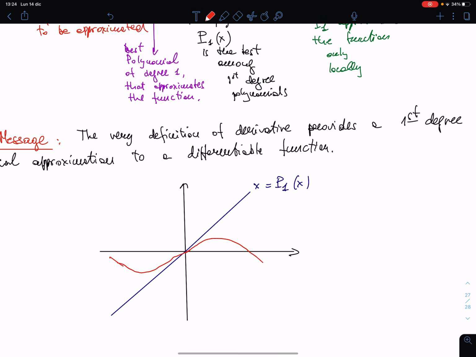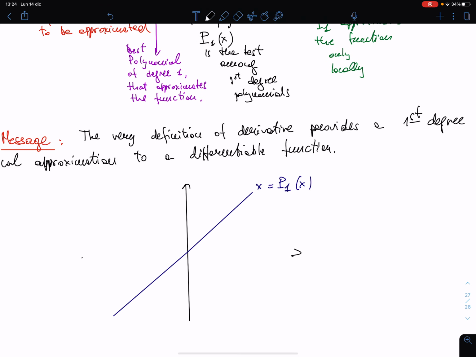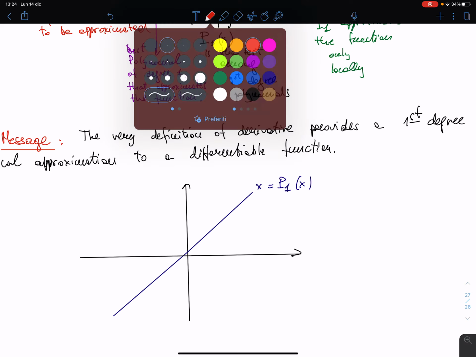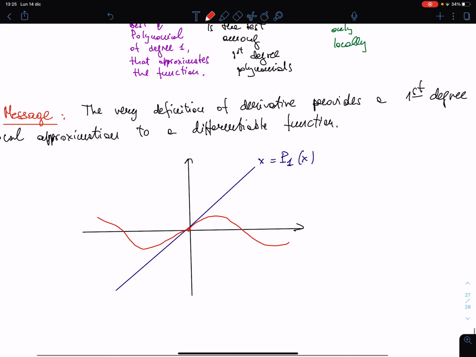Okay? I don't like so much this graph of the sine, so let me be a bit more precise. So these are the axes, and then it must be quite close to the function because it is the tangent, and here passes here. Okay, not very good. That's a picture, but you understood.